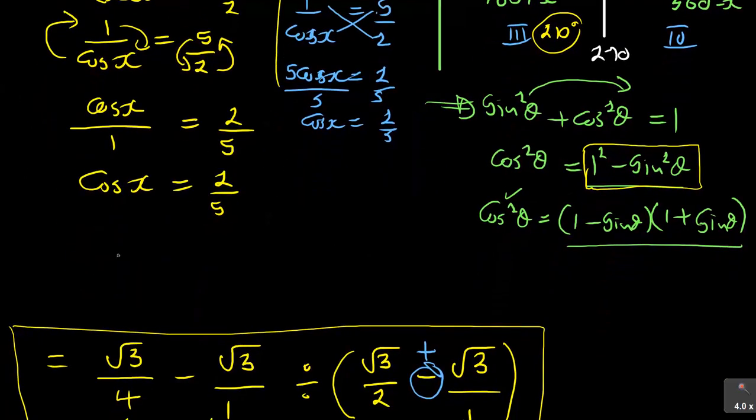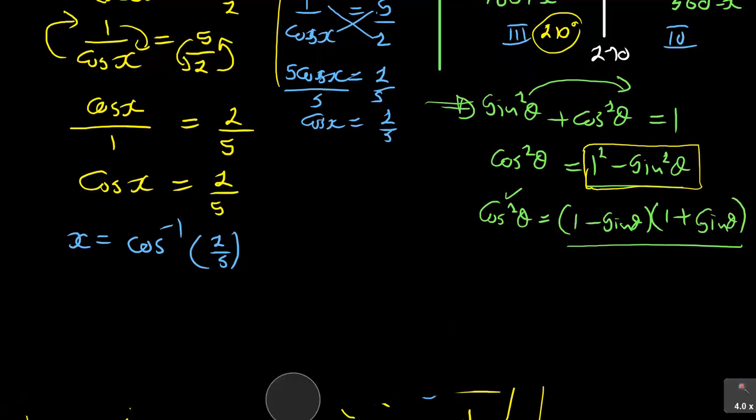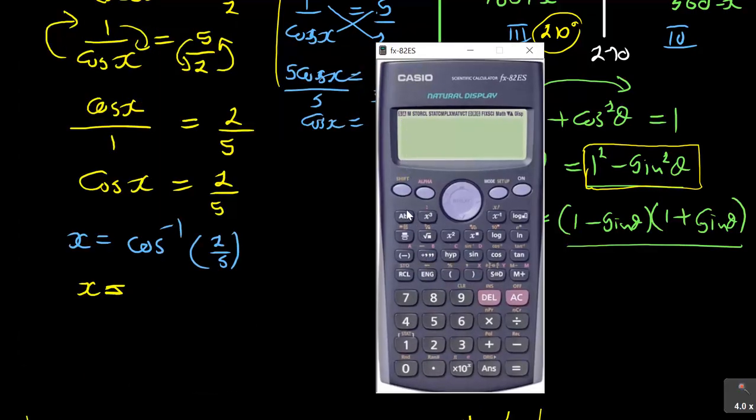Now, how do you find your x? Therefore, you're going to say x is equal to arc cos 2 over 5. That's how you find your x there. So this is where you use your calculator: shift arc cos 2 over 5.